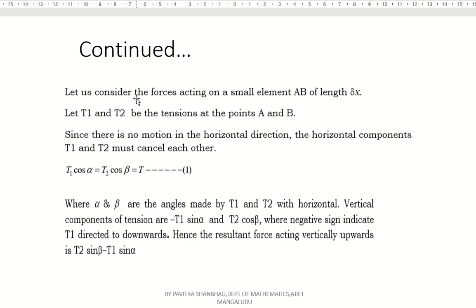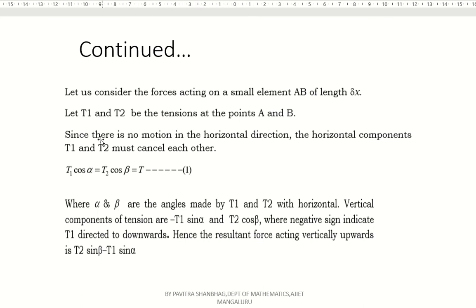Now let us consider the forces acting on a small element AB of length delta x, right? Now here T1 and T2 are the tensions at the two points A and B. Tension at A is T1 and tension at B is T2. Since there is no motion in the horizontal direction, the horizontal components cancel each other, right?